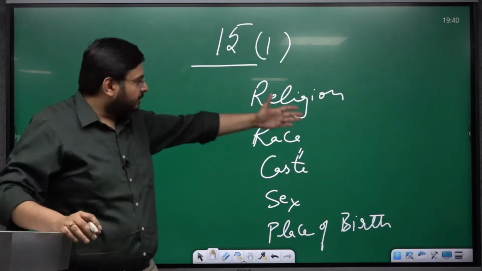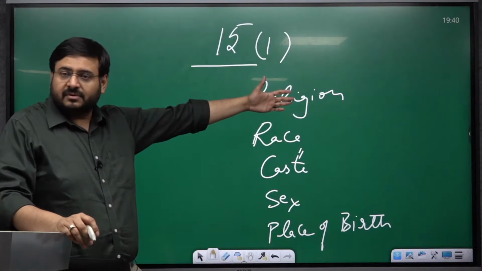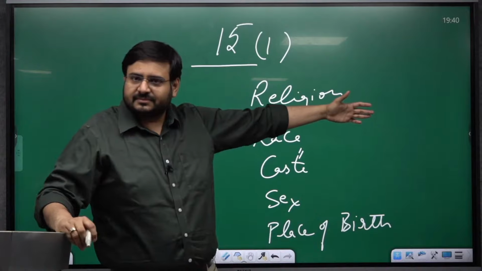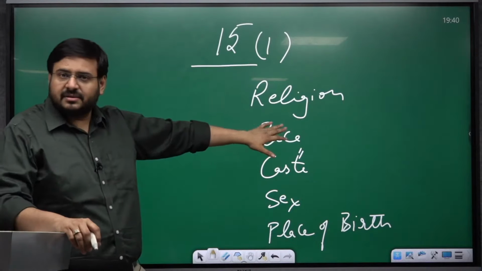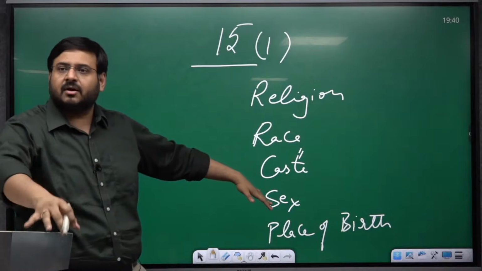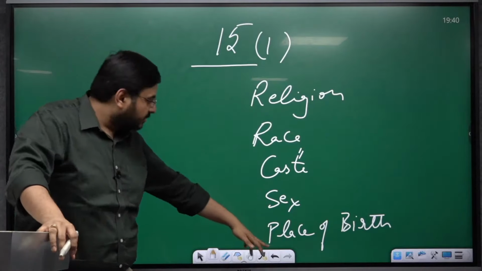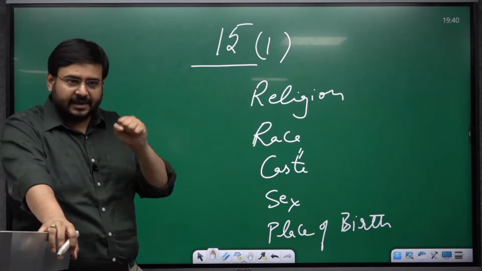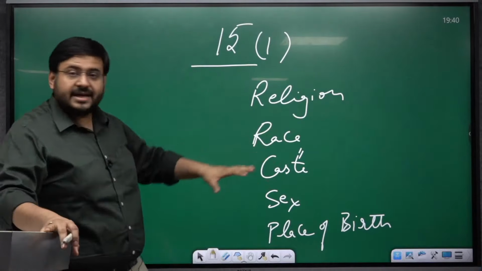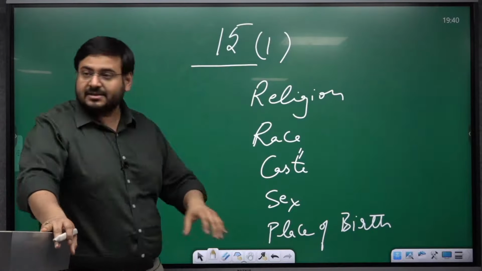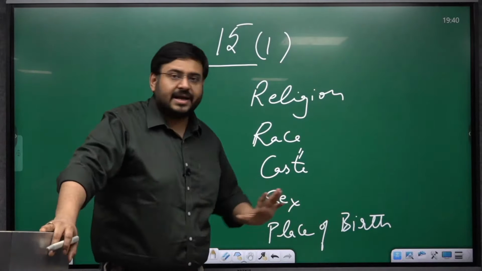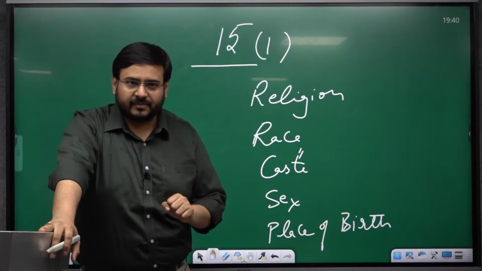Now you say, but our families are saying, no, we will not allow anything outside religion, outside race, outside caste, outside sex. No, outside sex they allow. And place of birth they don't allow. It means in India we have a culture of religion endogamy, race endogamy, caste endogamy, heterosexual, and place of birth endogamy, right?